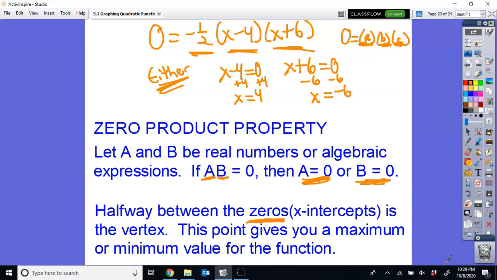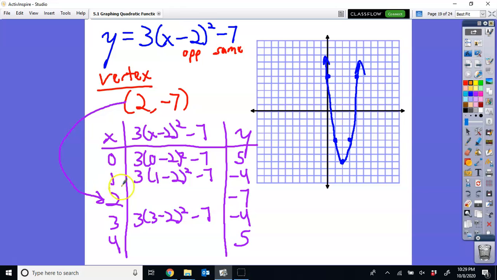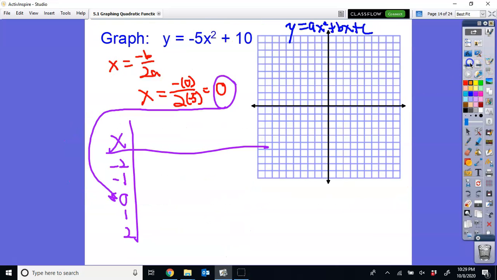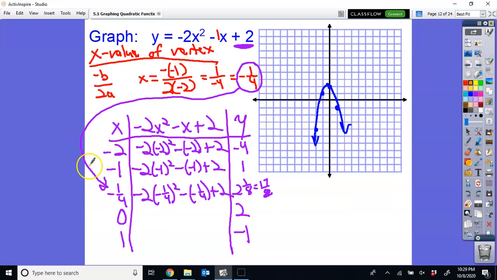It's also going to give me the ability, just like we did over here where we found the vertex, and in the middle of the graph we made the rest of the graph with a table. Just like we did over here with standard form, when we found the middle of the table, we found the rest of the graph.